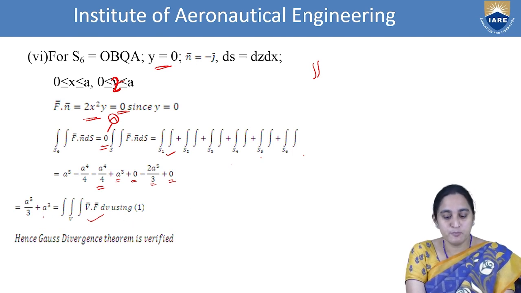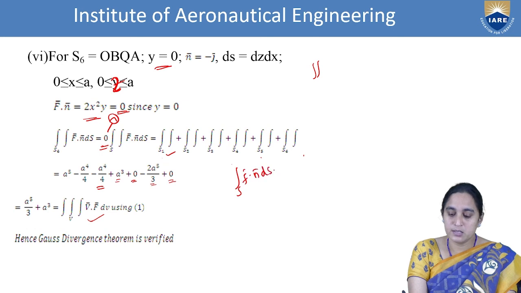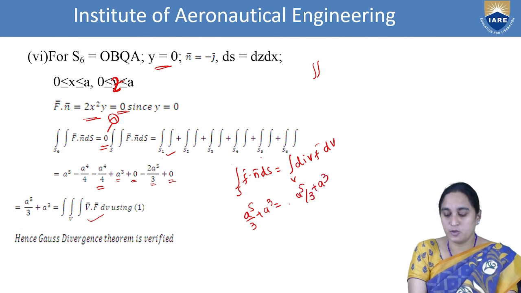Therefore, since both the values are equal, the Gauss divergence theorem is verified for the given question. That means the integral over S of f bar dot n bar ds is equal to the integral over V of divergence of f bar dv, that is a power 5 by 3 plus a cube is equal to a power 5 by 3 plus a cube.